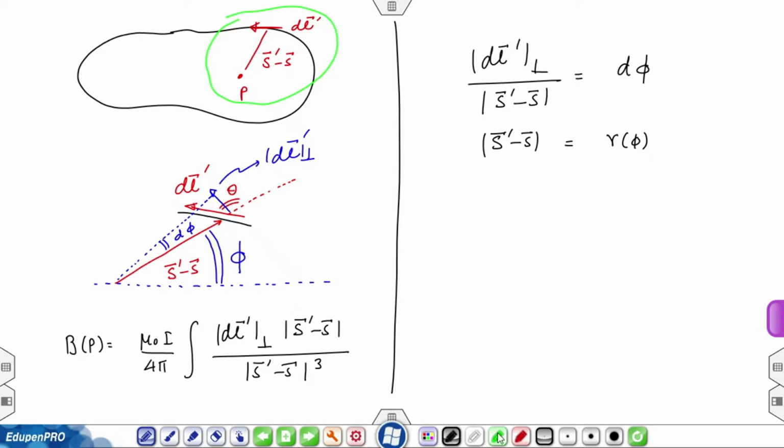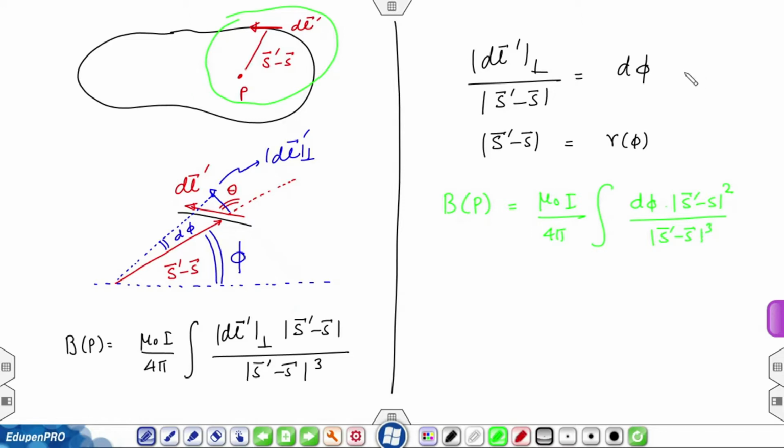And therefore, I can write B at P as equal to mu 0 I over 4 pi integration d phi mod s prime minus s square divided by mod s prime minus s cubed.